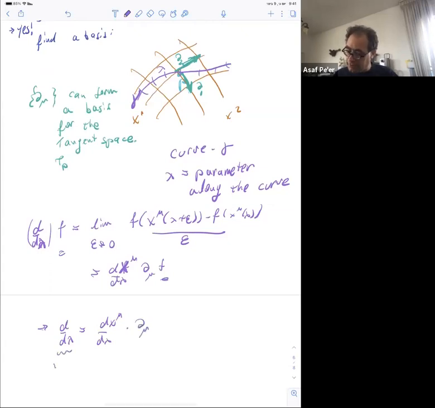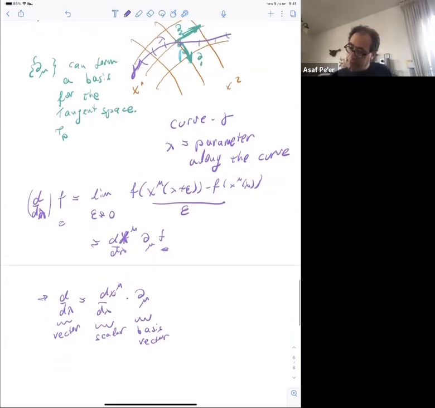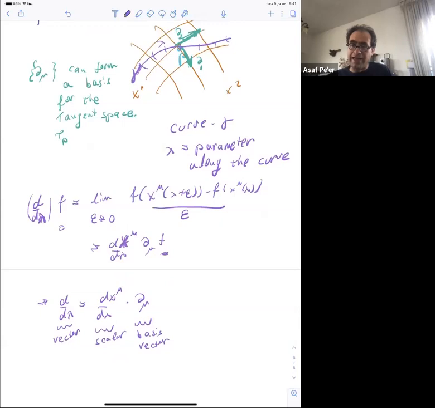This is my vector, which I wrote as some number, the components, times the basis vector, some scalar. Which means that the set of all n vectors d mu represent the basis for T_p.